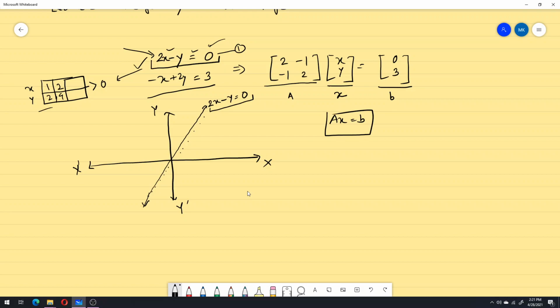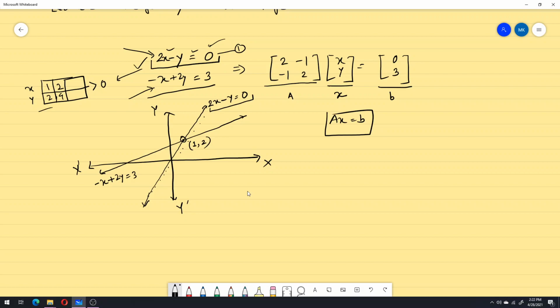Now, similarly, if you plot all the points of the second equation, then you will get another straight line as well. Suppose this is the straight line for minus x plus 2y equals 3. And the point where they intersect is this point. So this point is, let's say, 1, 2.